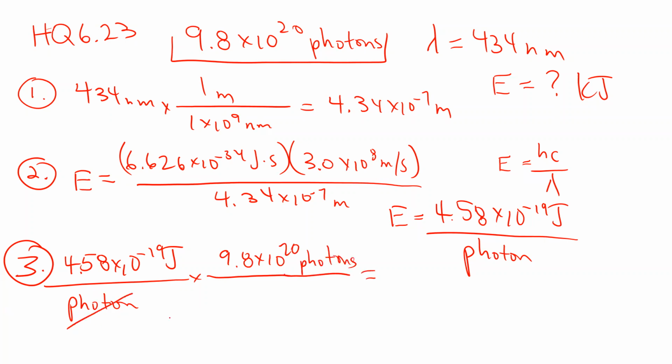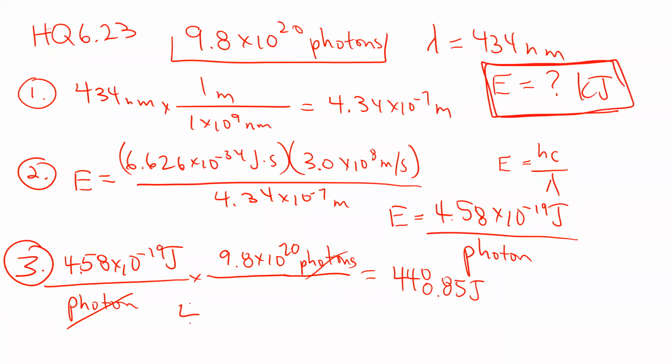It's going to give me, right, photons cancel out. It's going to give me energy in joules. So times 9.8 times 10 to the 20th. And I get about 448.85 joules. We're looking for the energy in kilojoules, so I've got one more step to go.